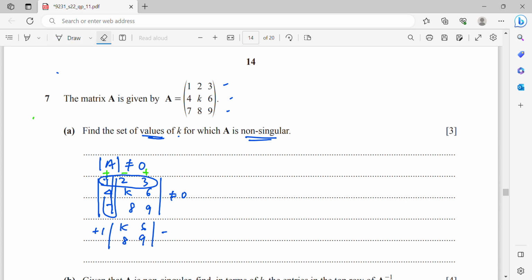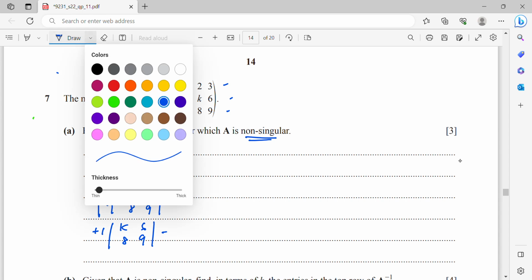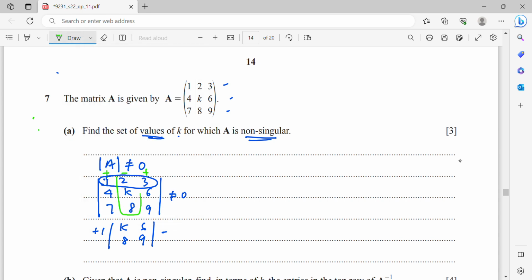Then minus. Now we consider the second column. The cross out is 2, and the remaining terms will be 4, 7, 6, 9. And then the third column, the remaining terms will be 4, 7, k, 8, not equal to 0.